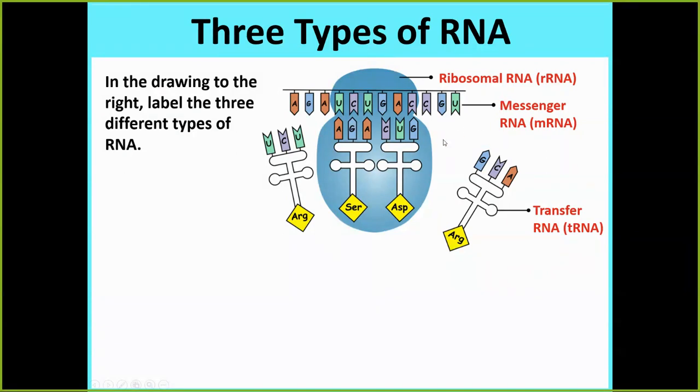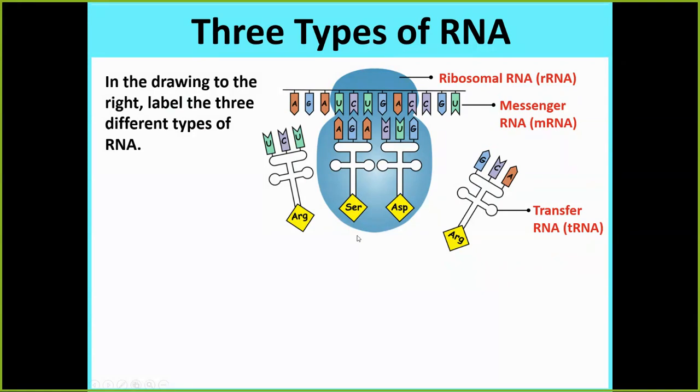By the way, when we see pictures of RNA in textbooks, the messenger RNA is the classic traditional RNA, the single strand that's still a helix. It looks just like DNA, but it's only 1 strand. And then we have transfer RNA, or tRNA, and it kind of looks like a weird looking fork.